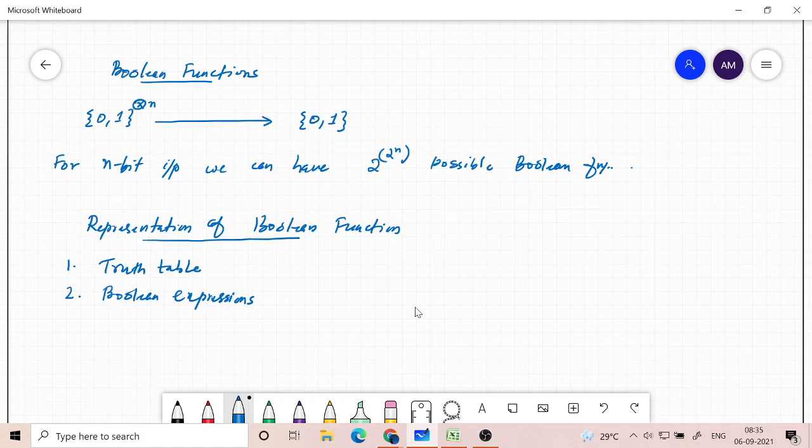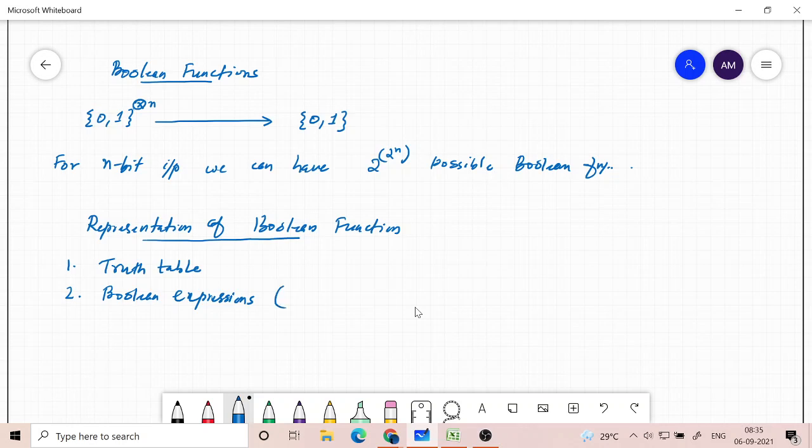Boolean expressions will contain basically binary operations in the Boolean algebra, which is basically the dot operation and the plus operation. Dot means we are talking about the AND operation, and plus the OR operation.